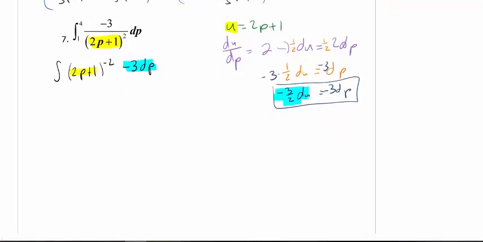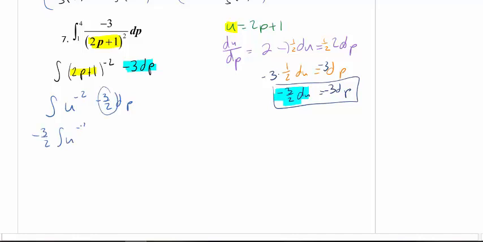So I'm going to substitute u to the negative 2, and I have a negative 3/2 du. So I'm going to pull that piece out in front. Now I can integrate. Add 1 to the exponent. Divide by that new exponent. Remember your plus c.